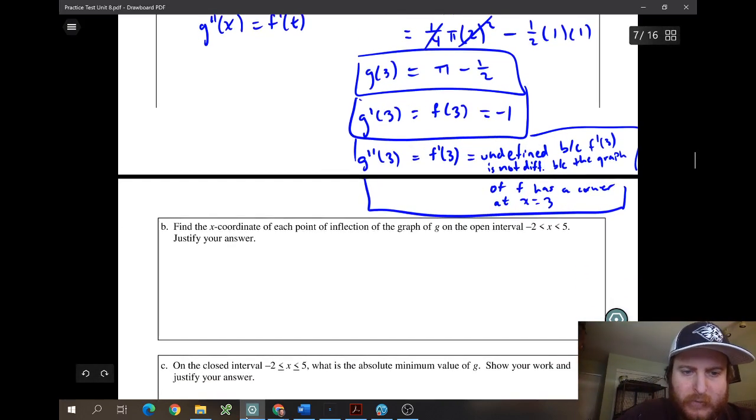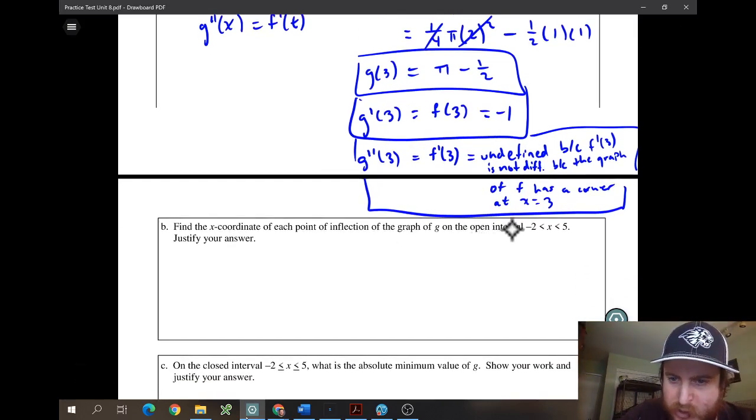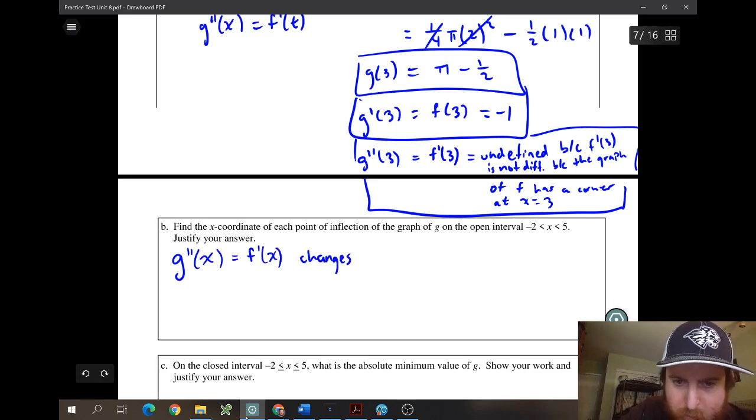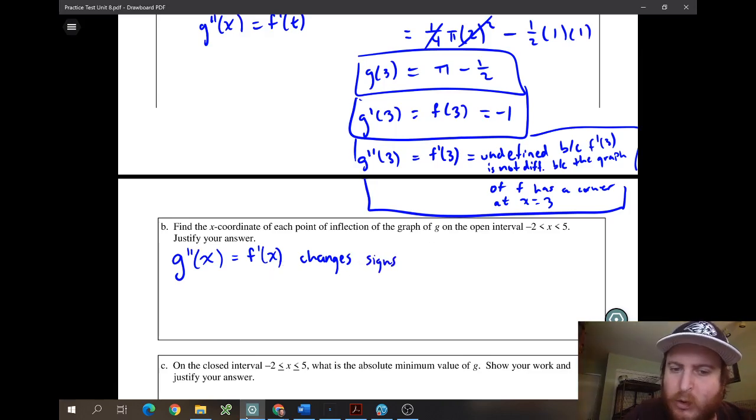Okay. Find the x-coordinate of each point of inflection on the graph of g. So remember, we have a point of inflection when g double prime of x, which in this case is equal to f prime of x, changes signs. Now, where do we look for those? We look for them when g double prime of x, which would be f prime of x, is either 0 or undefined.